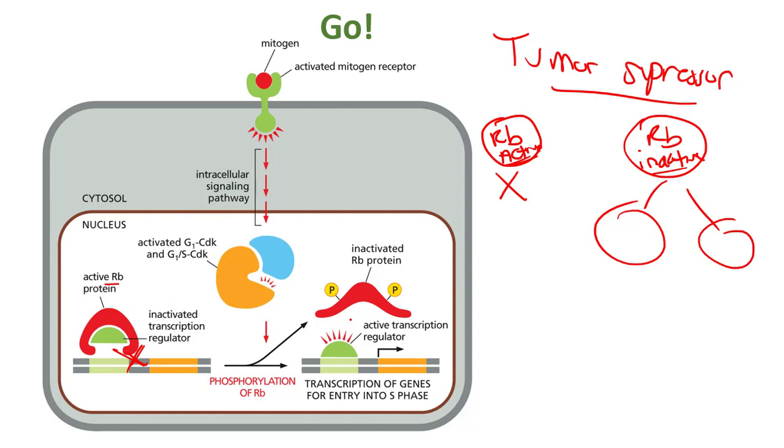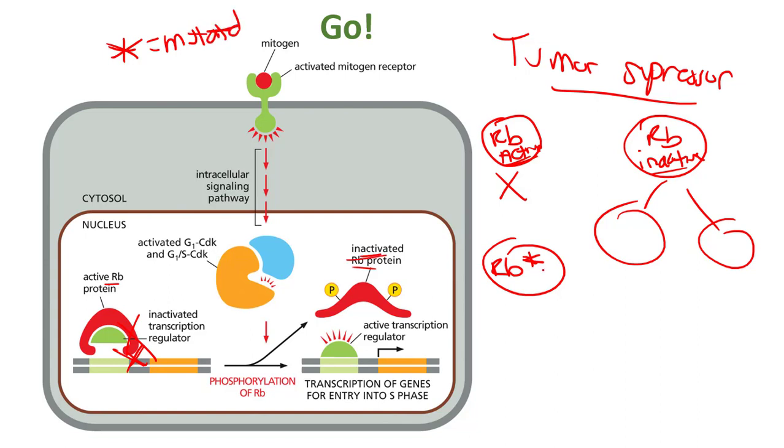Let's say there was a mutation in the RB protein so that the RB protein could never bind here. It was unable to bind and the RB protein was constantly inactivated. If the RB protein was constantly inactivated, and I'll put a little star here, whenever you see that star, it means mutated.